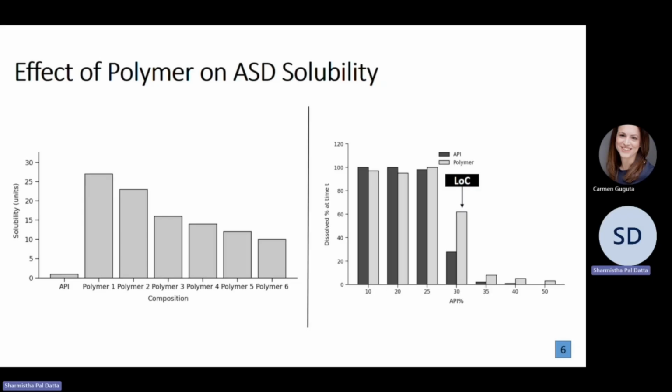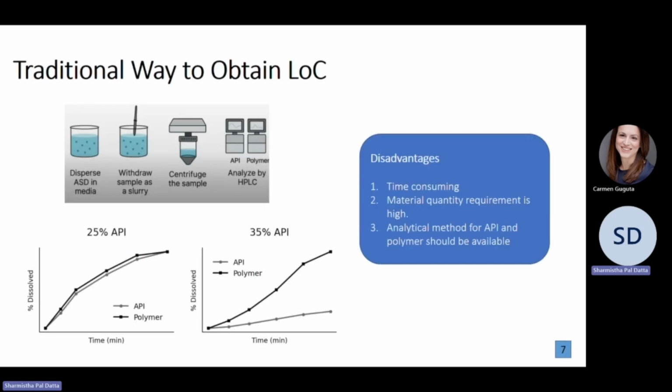But first, I also want to share with you the traditional way, which will help you appreciate how the new way of getting the LOC, which Jayashree will be talking about as MEPC, can be helpful. The traditional way of obtaining the limit of congruency, or the minimal polymer concentration to sustain the supersaturation, or the critical polymer content, is that first we disperse the ASD in the media.